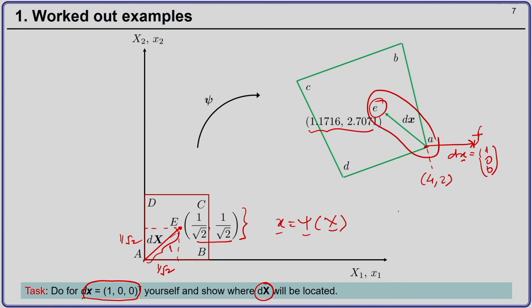So, you have to map. First, using the deformation mapping, you have to find X1, X2, X3 in terms of small x1, x2, x3.